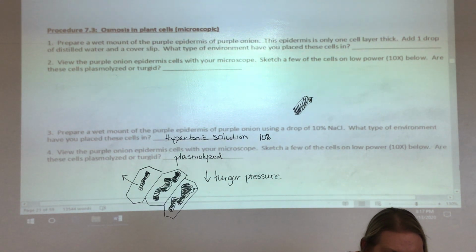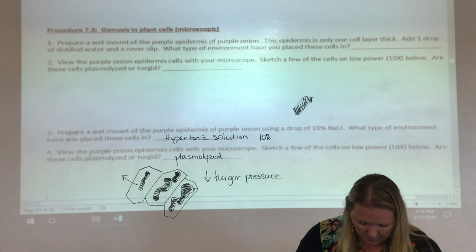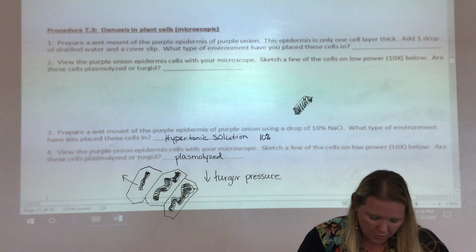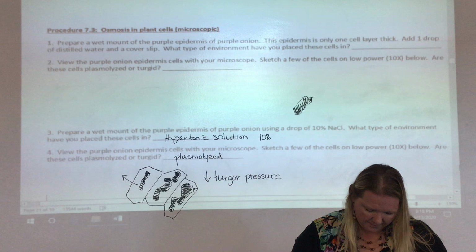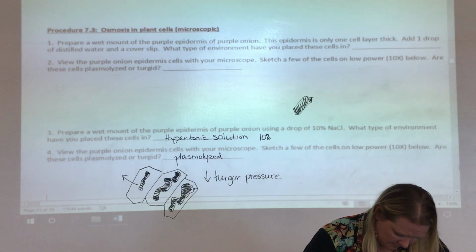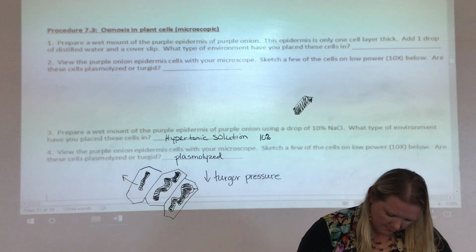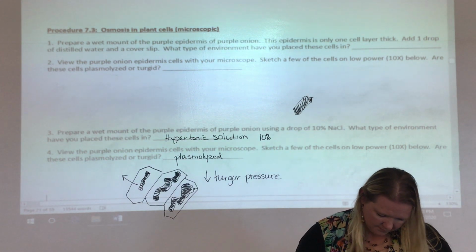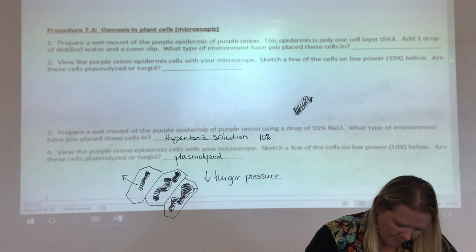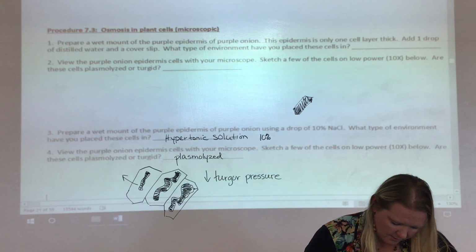Pigment left, I think I tried. Maybe a fresh onion. One more trick, hold on. That first sample of onion may have better pigment than the second.